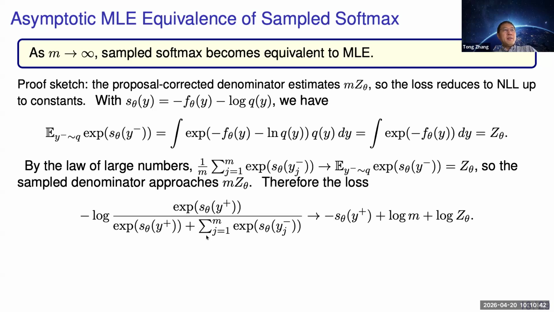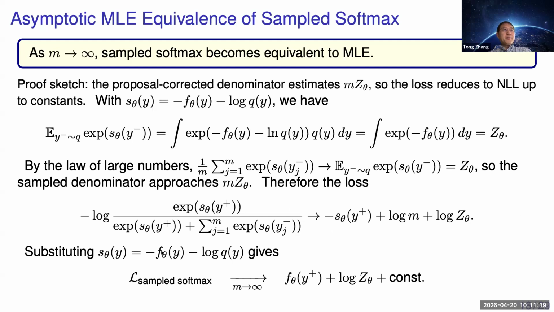I will ignore this other term because mostly it becomes log M plus log Z. Because it is dominated by this one, if you add this term, it's 1 over M something. So basically it becomes that. Essentially, it converges to this when you do the algebra.